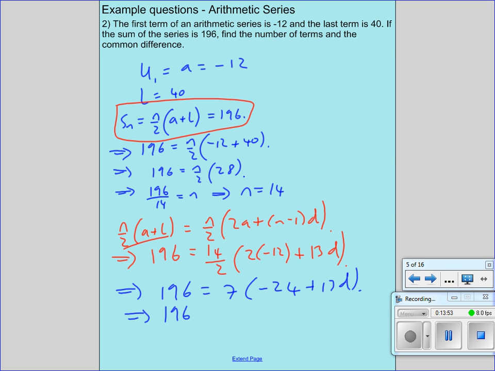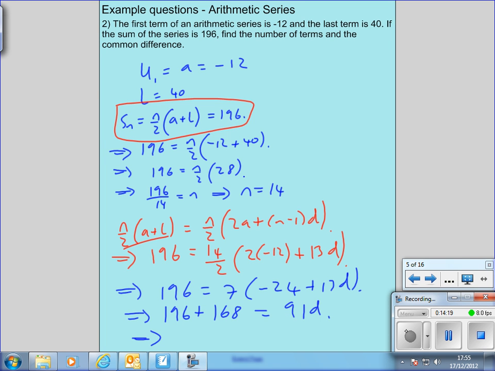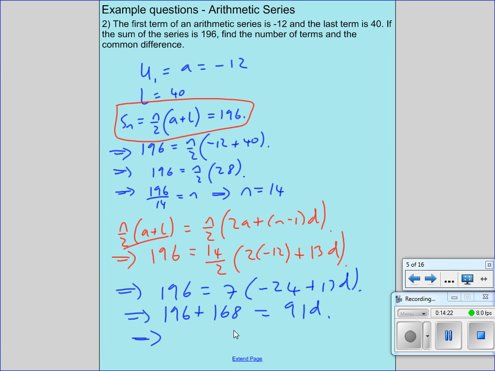I get 196 plus 7 times 24, that is 168, equals 7 times 13d. 7 13s is 91d. 196 plus 168 is 364. Divide that by 91 to find d, and you get d equals 4. And we're done.